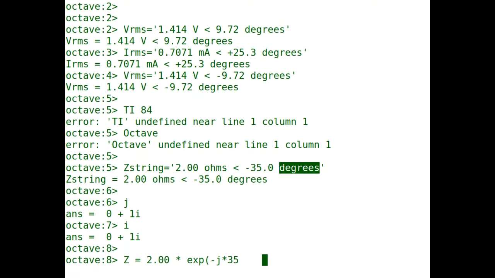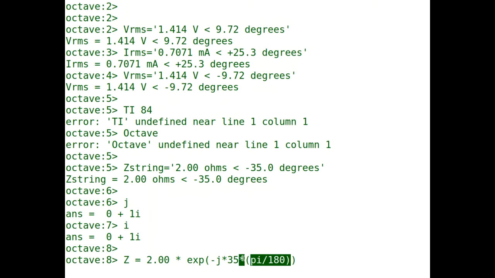So remember that 2 pi divided by 360 is our conversion factor. If we divide the top by 2 and the bottom by 2, you get pi divided by 180. So it's a little easier to type that. So we have 35 times pi divided by 180. This converts it into radians.